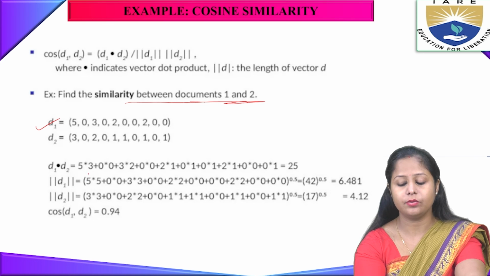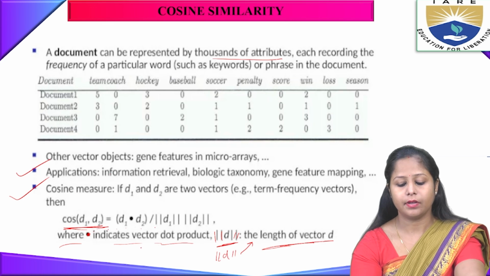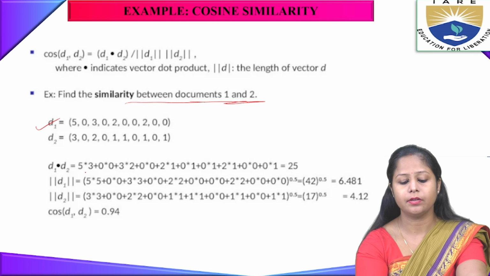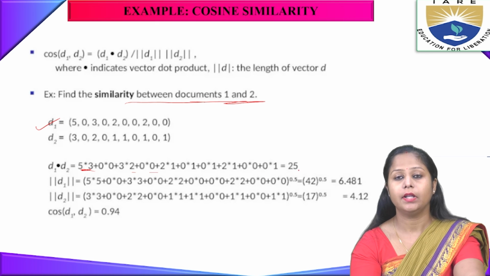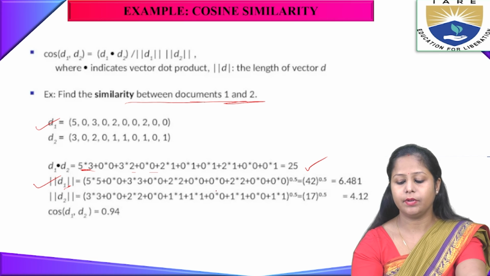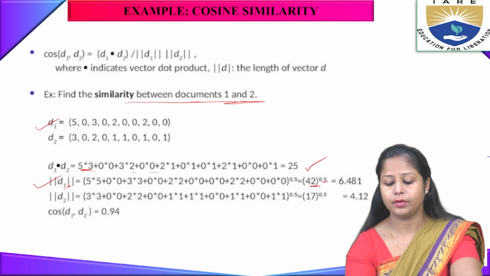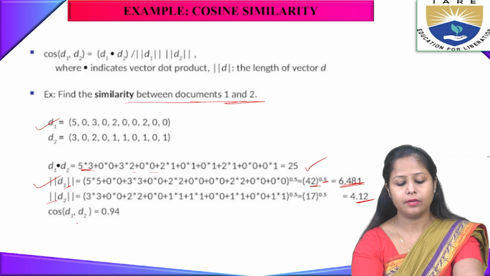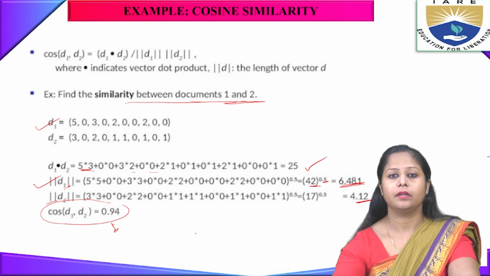So we need to calculate the dot product of d1 and d2. 5 into 3 plus 0 into 0, and so on. The result will be 25. We need to check the length of d1. It will be 42 to the power 0.5, that is 6.481. For d2 it will be 4.12. So the cosine of d1 and d2 will be 0.94 from the formula.